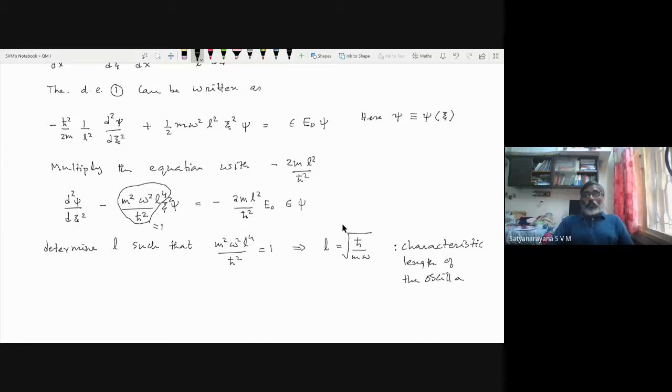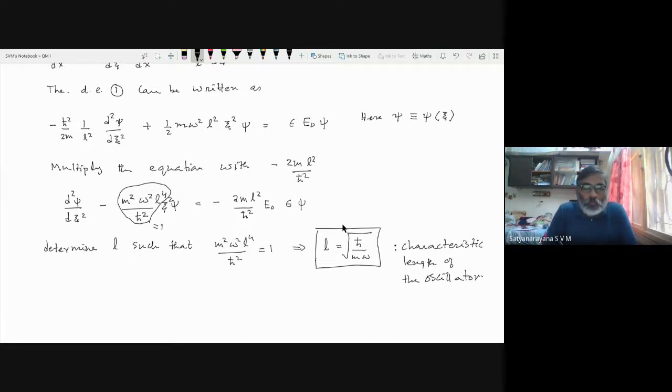As you can see, it involves, besides the fundamental constant h cross, the angular frequency, the natural frequency, and the mass of the oscillator. Once you know the characteristic length of the system, then length pertinent to this problem can always be measured in units of this, and that is what this dimensionless coordinate xi does.